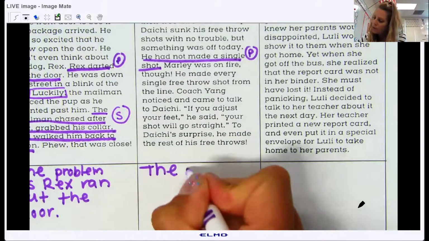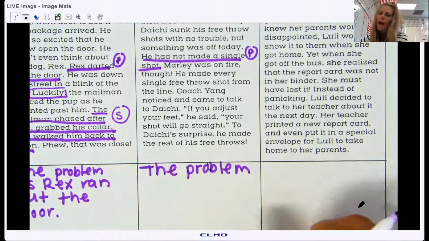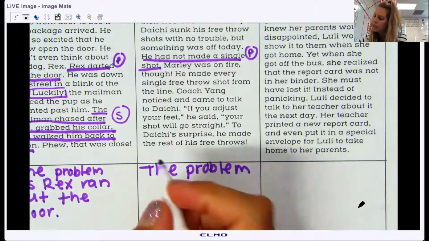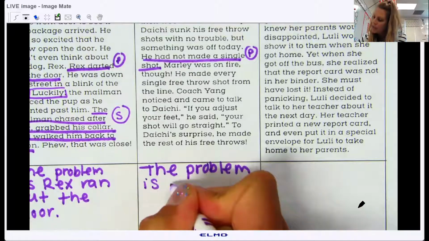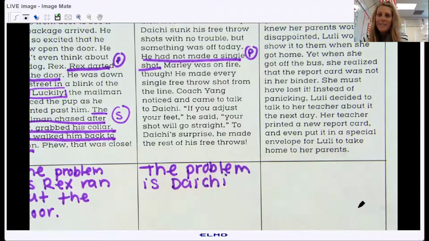So remember, when you post your answer for number 3, I want it in a complete sentence. The problem is, and then we're including the characters' names, so that we really are being the best 3rd grade answers we can be.